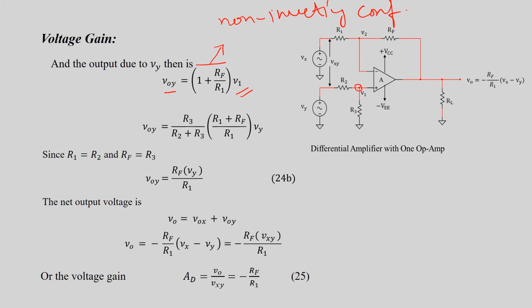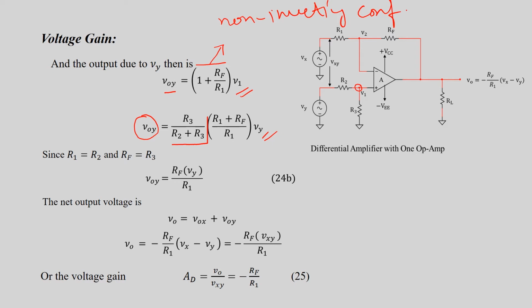So from here we have already calculated V1. So we can put the value here, that is R3 over R2 plus R3 into 1 plus RF over R1 into Vy. This becomes VOY, the output because of Y.